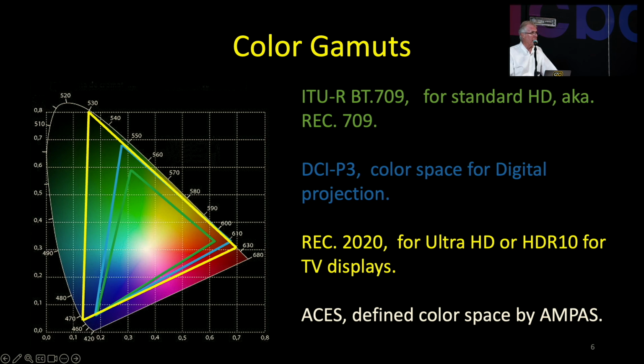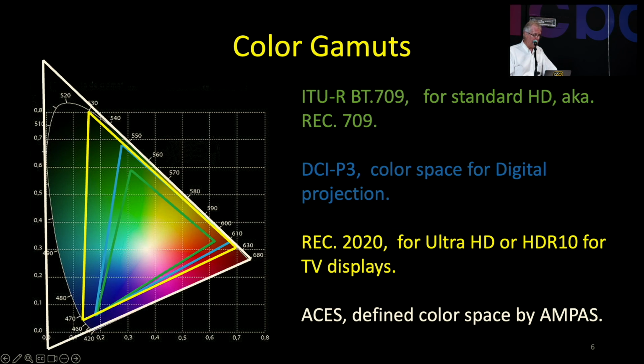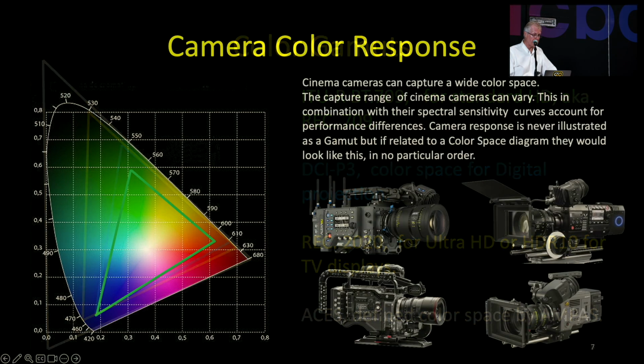The cost of an LED to render that color point at the extreme edge of that color space is exceedingly difficult. It has very low yield. As a consequence, it is very expensive. And then we have the all-encompassing ACES, which there'll be some explanation, I believe, on ACES from one of the other presenters.